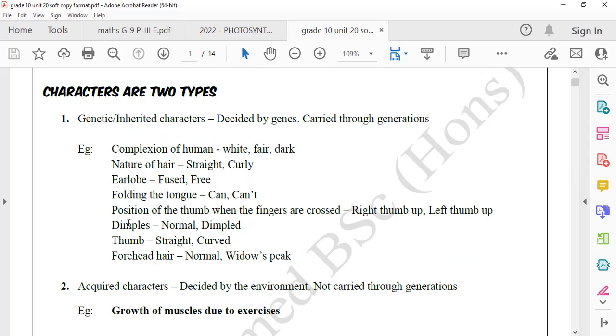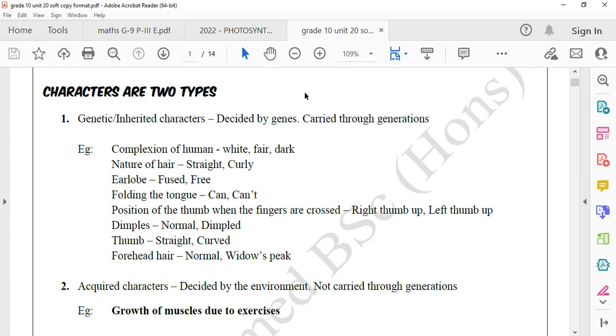These inherited characters are decided by the genes of our body, and they are carried through generations.